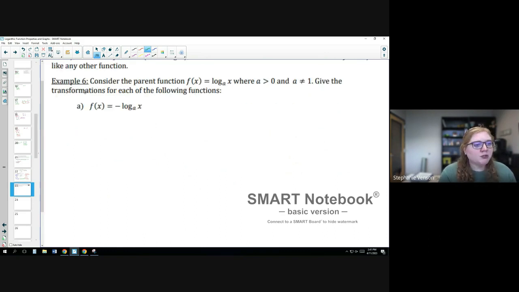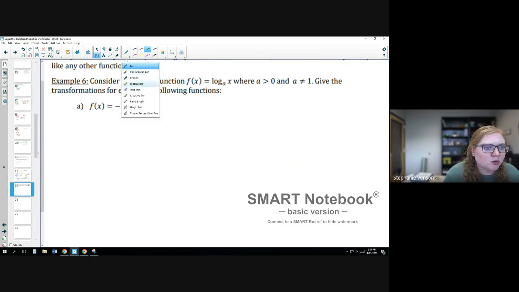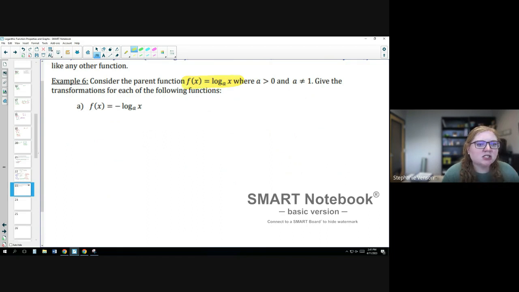So for example 6, I want you to consider the parent function, f of x equals log base a of x, where the base is bigger than 0 and isn't 1. Give the transformations for each of the following functions.